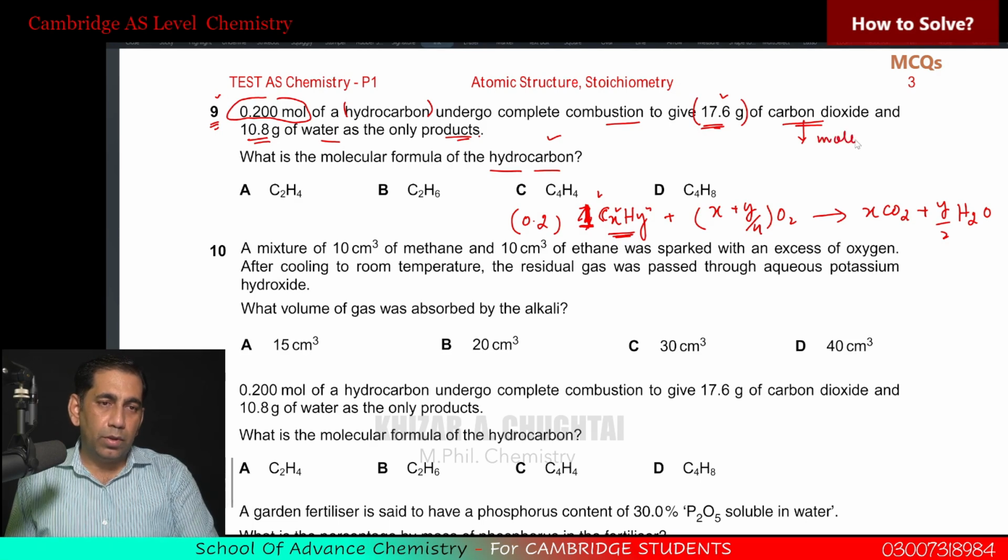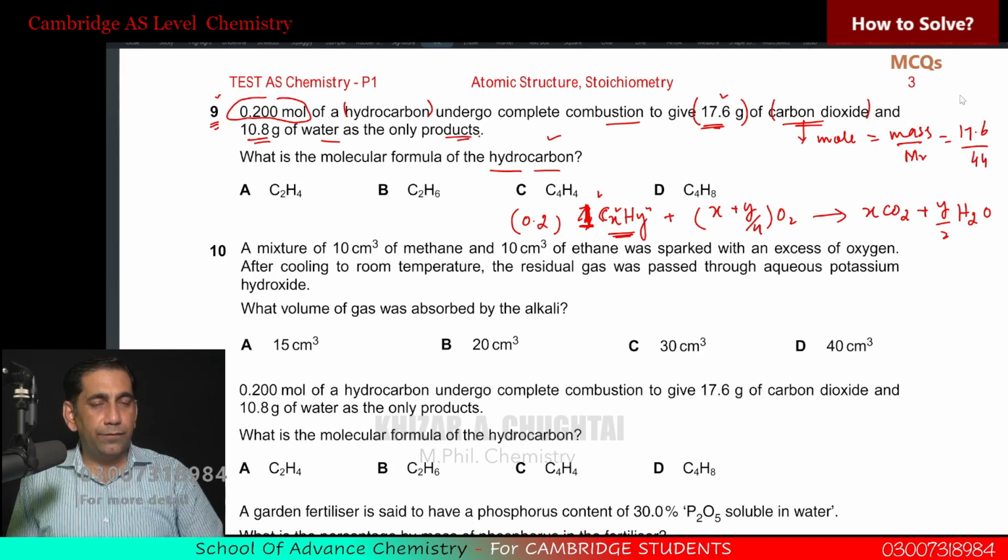Mole is equal to mass over Mr or Ar. The mass is equal to 17.6, the given mass, divided by the Mr of CO2, which is 44. So what is the answer? 17.6 divided by 44 is 0.4 mole.